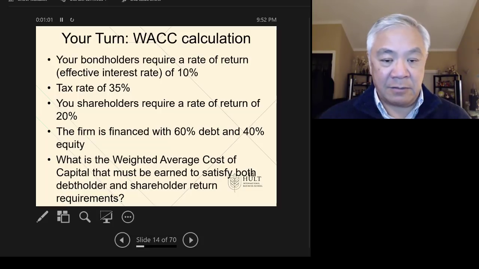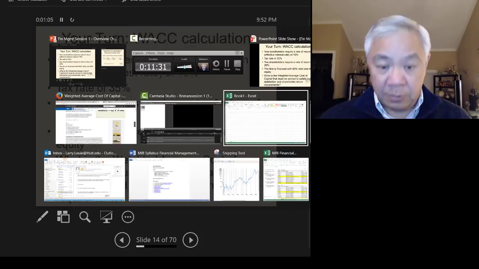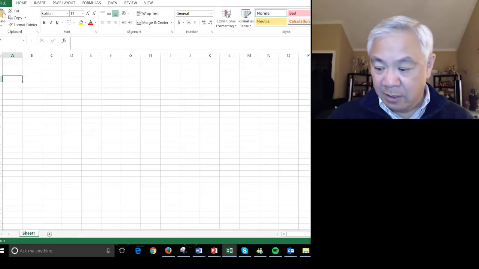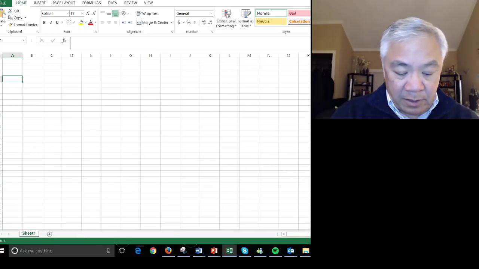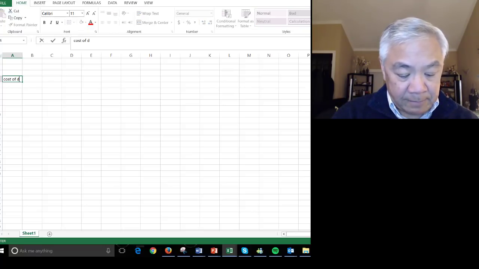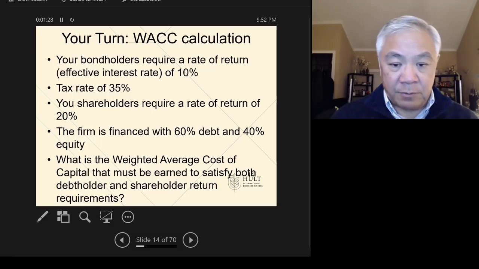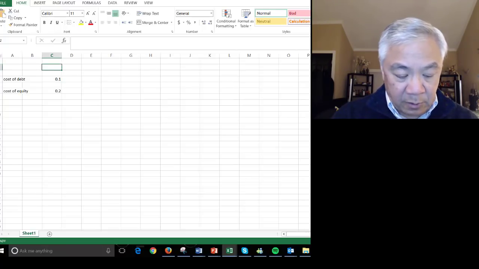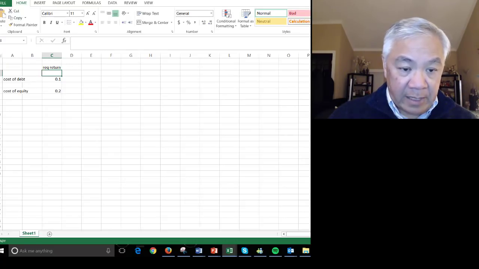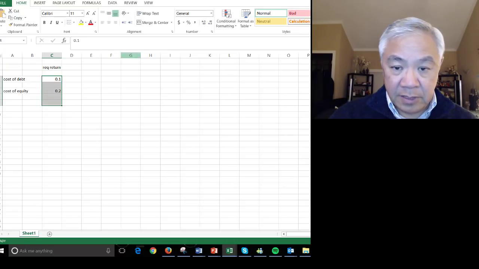All right, so we'll carry this into a spreadsheet just to use a tool that hopefully you'll become very familiar with. We'll start with the cost of debt, and then we'll have cost of equity. The amounts were 10% and 20%. So this is the required return, and let's format it. So just shade it and hit the percent.